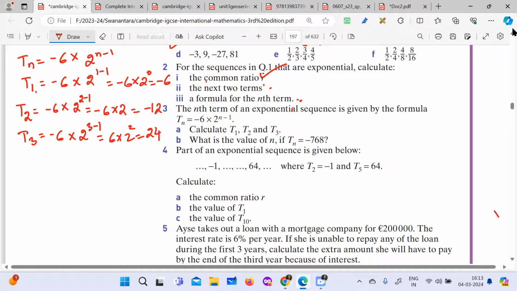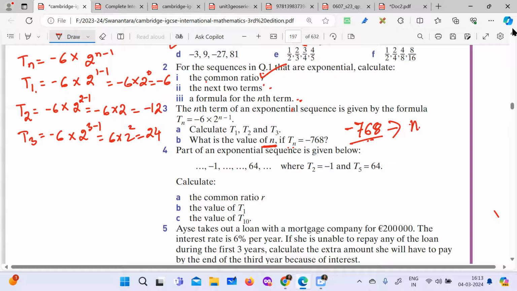Now the next question is, what is the value of n if Tn is equal to minus 768? This question means that there is a term in your geometric sequence that is minus 768, right? Find the value of n means you have to find at which position you can find this term.